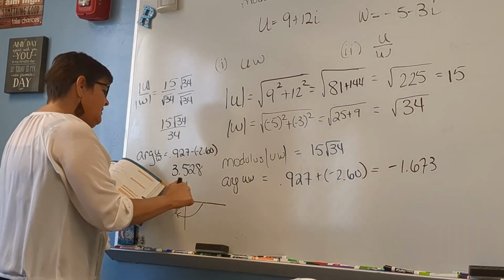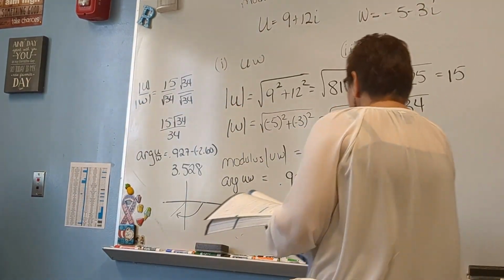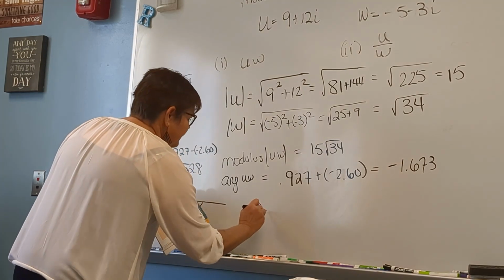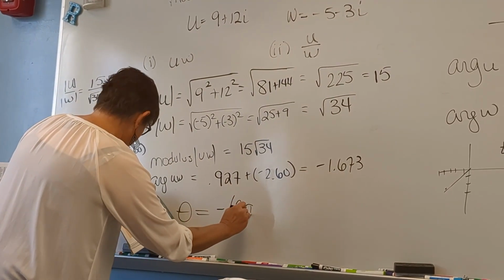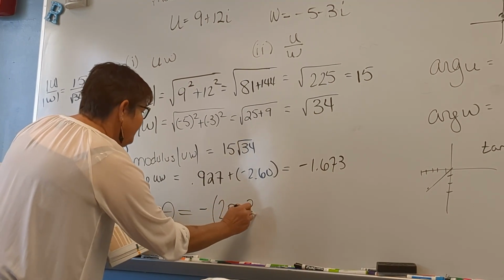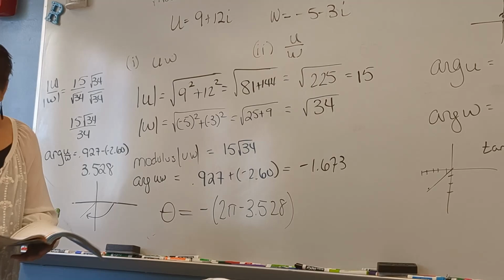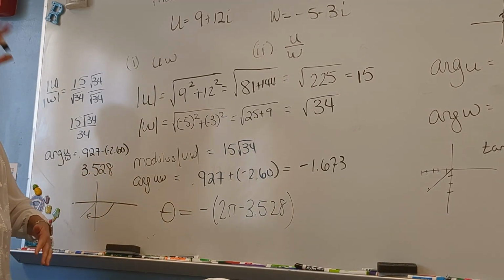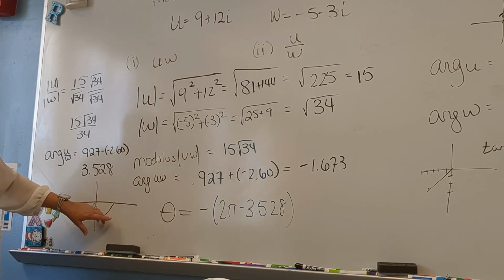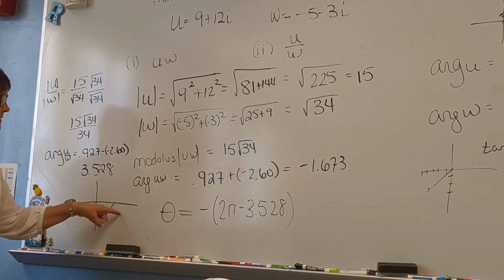The way that they do it, and this doesn't happen every time, they've found their new theta to be 2 pi minus that 3.528. Do you know what 2 pi is? It's all the way around, right? So they're taking 2 pi minus this, that's going to give me this, except it's the other direction.